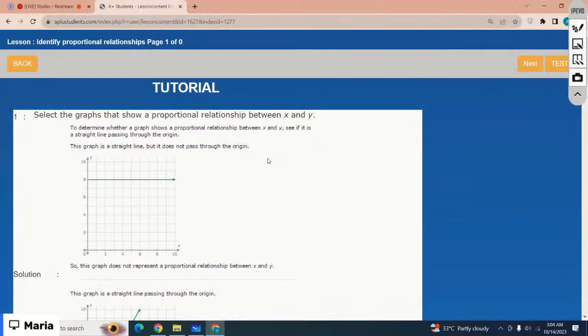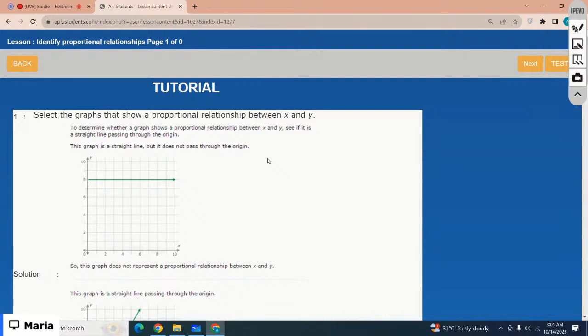Select the graph that shows a proportional relationship between x and y, right? So one thing about proportional relationships is, if one variable is increasing, like x is increasing, y is increasing with the same ratio as x is increasing. That is known as the proportional relationship.